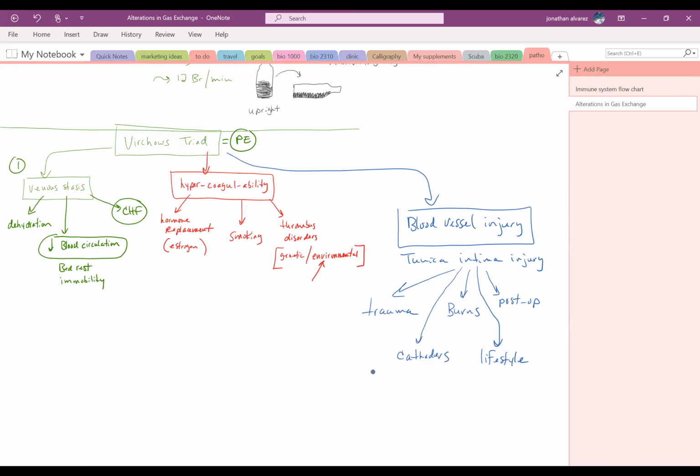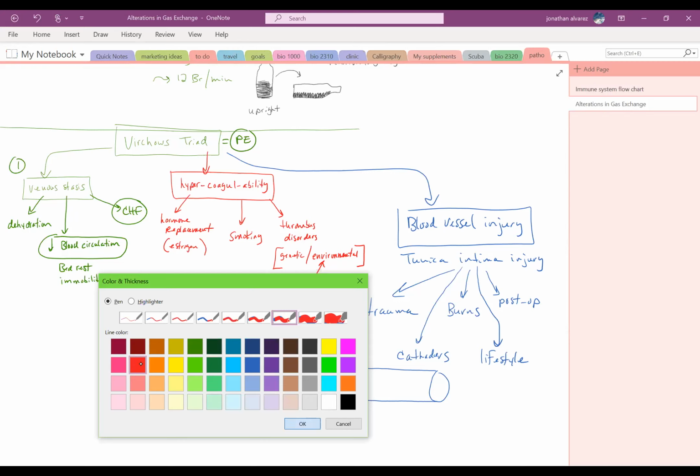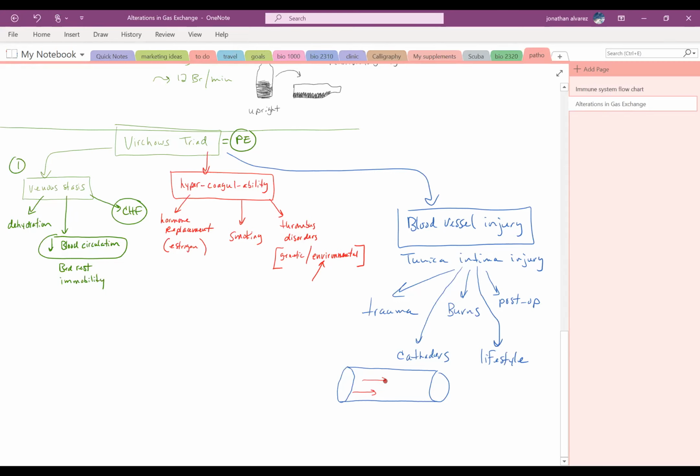So what happens is in your blood vessel tube, as blood is traveling through, there is friction against the wall of the tube.